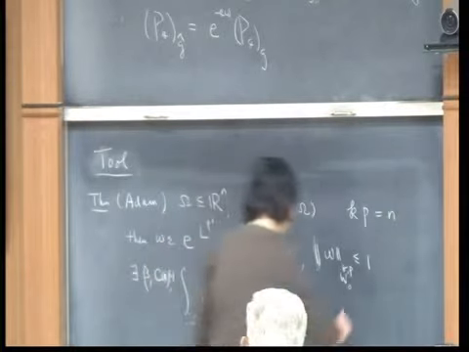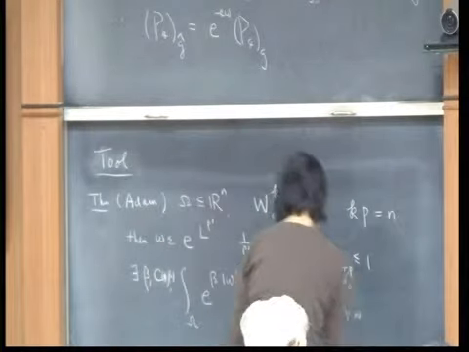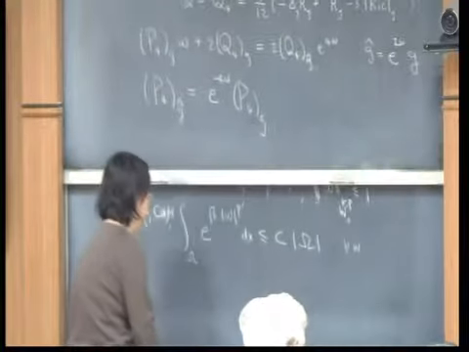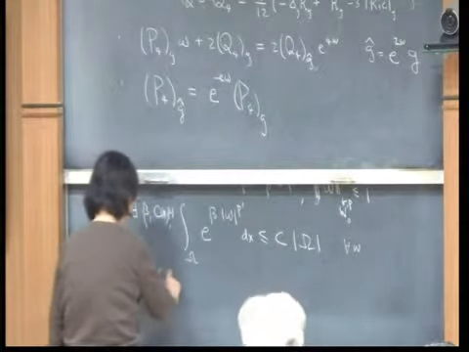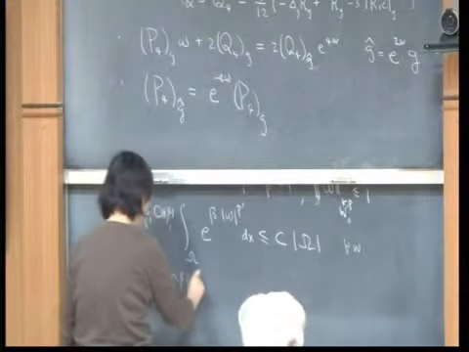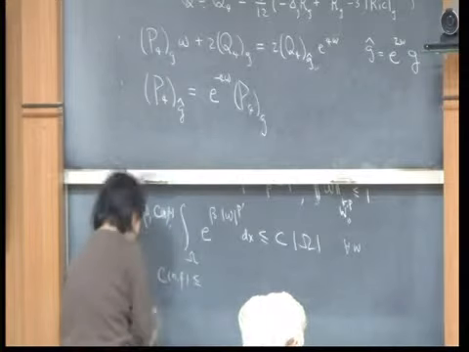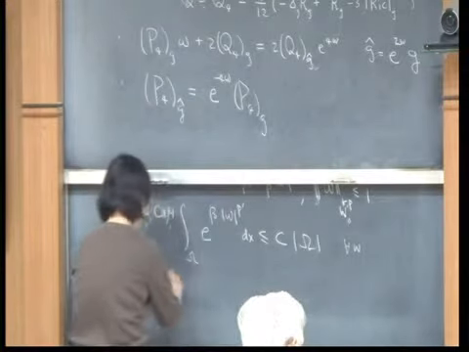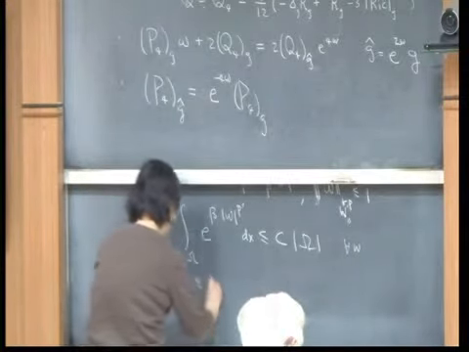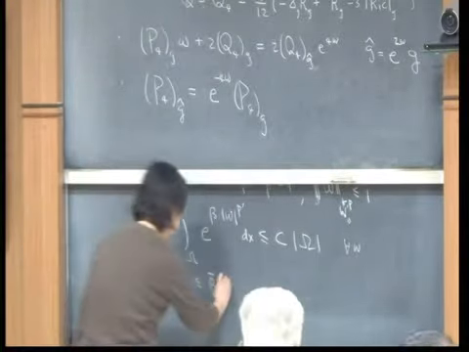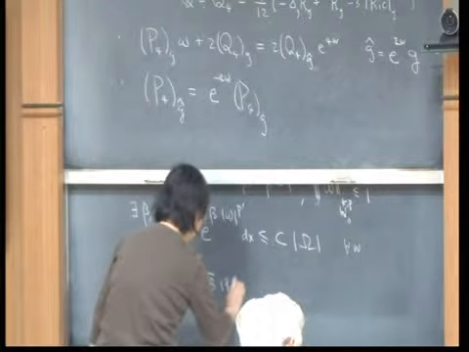This is for all w with W^{k,p} norm less than or equal to 1. And also, beta is less than or equal to some sharp constant, and this sharp constant depends only on k and n.